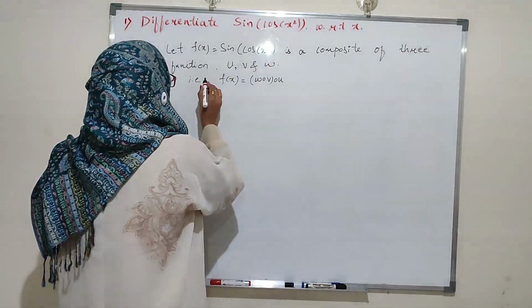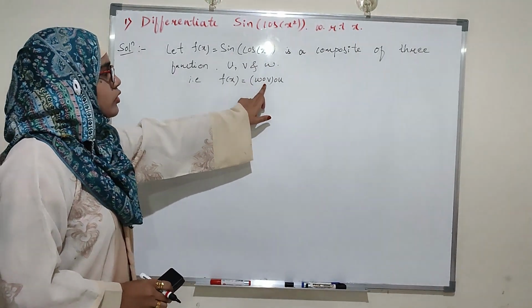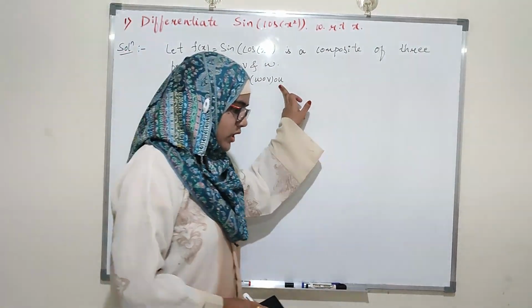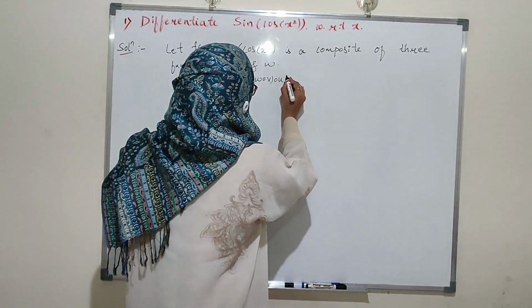That is, we are taking f of x as w of v of u.